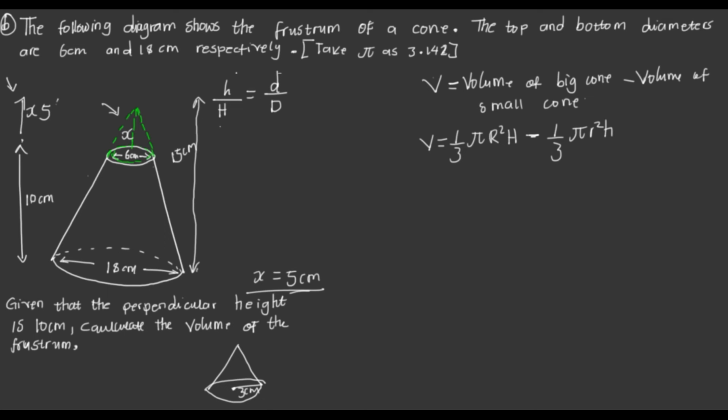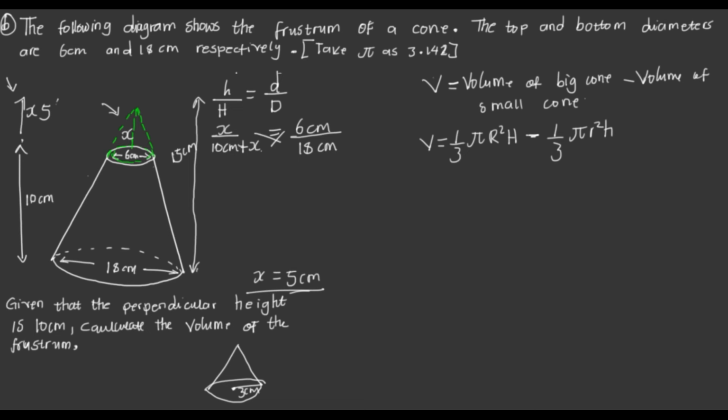So height of the small cone is x over height of the big cone is 10 centimeters plus the missing value x. Diameter of the small cone is 6 centimeters divided by big cone 18 centimeters.